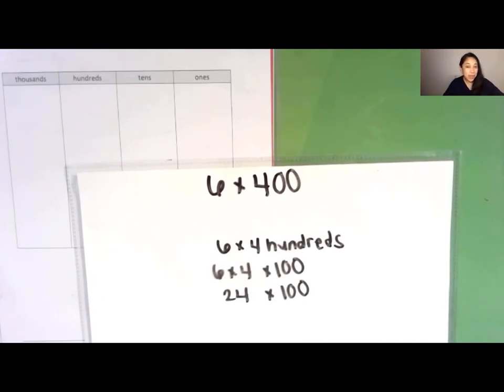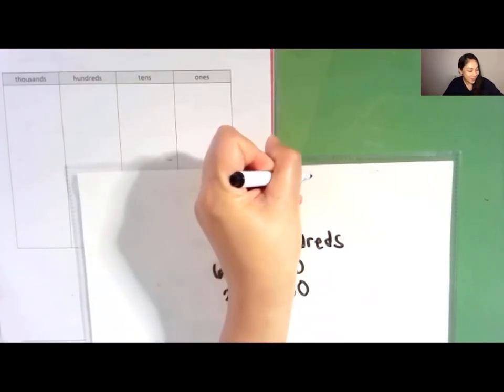Go ahead and take a moment to compare your expressions with mine. The next thing I'd like you to do is solve 6 times 400 using the expression of your choice. What is the product of 6 times 400? 2,400.